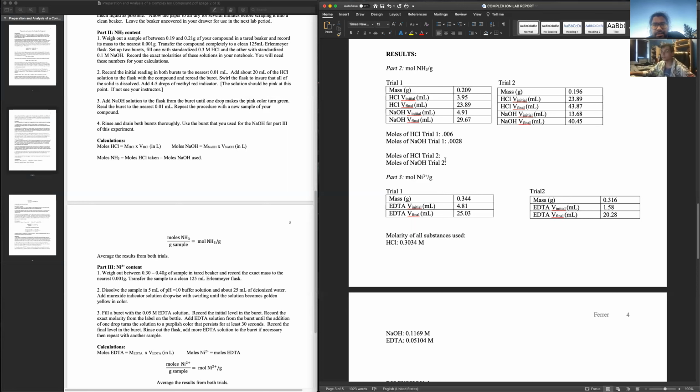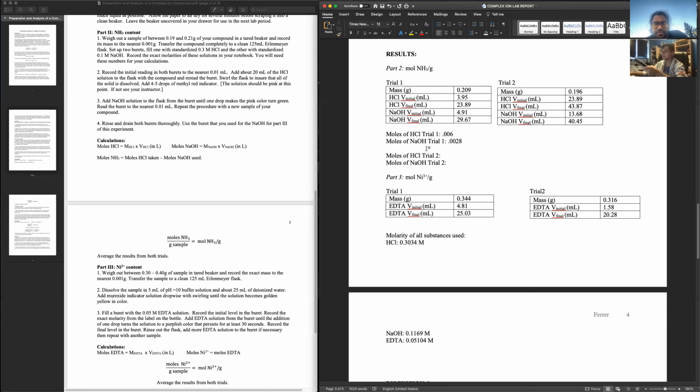Sorry. Yeah, so now the moles of NH3, ammonia, right? That's going to be the moles of the HCl minus the moles of the NaOH. So 0.006 minus 0.0028. Correct.